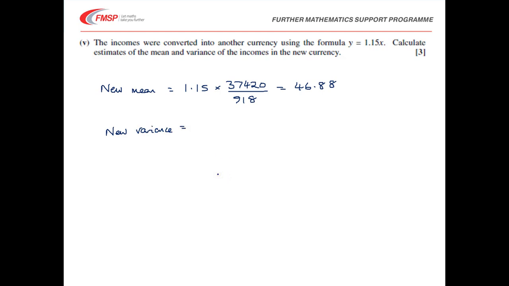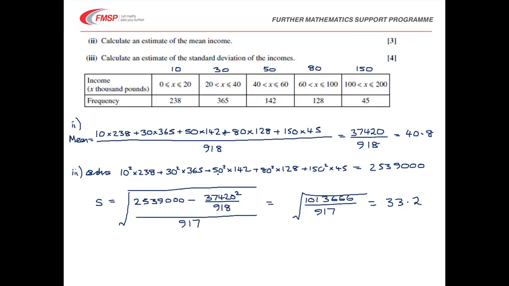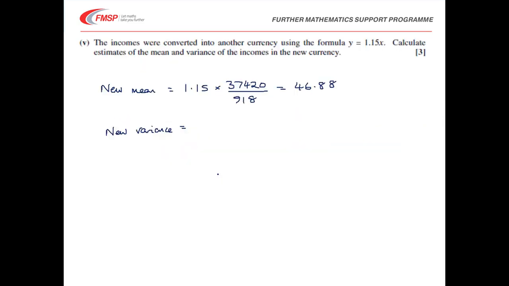Now the variance was 1013666 over 917 before we square rooted it. So that's 1013666 over 917, and this is the variance, not the standard deviation. You multiply the standard deviation by 1.15, but the variance is that squared, so we need to square the 1.15, and that comes to 1462.